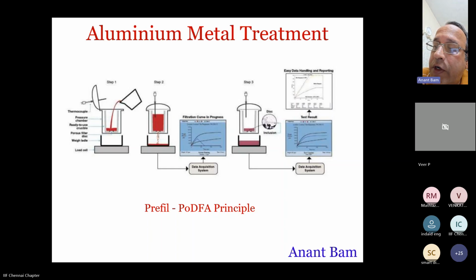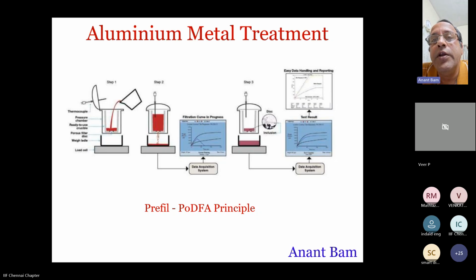But to solidify that metal, take a section, polish it, and analyze it under a microscope using image analysis, it takes a minimum of half an hour to 1 hour. And when the liquid metal is molten and ready for pouring, we just don't have that time. Whereas the Prefil curves, the earlier part of this study, give you an online or instantaneous solution, which can be directly correlated with the number of inclusions.